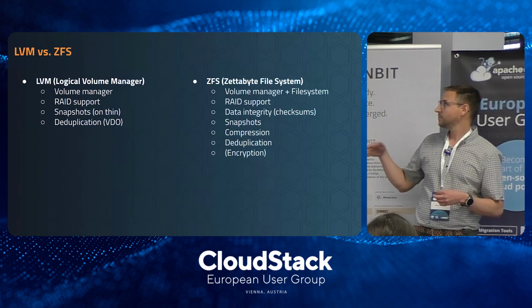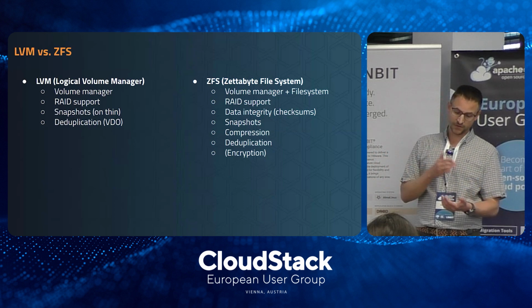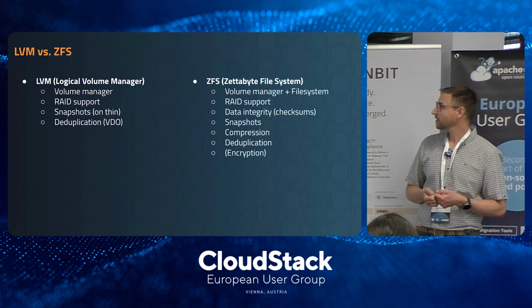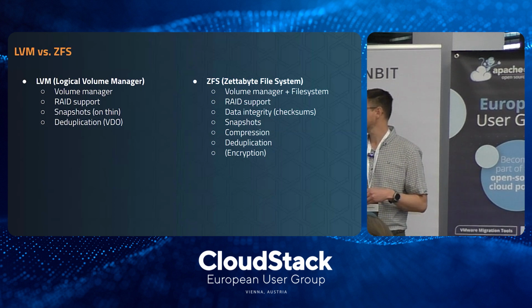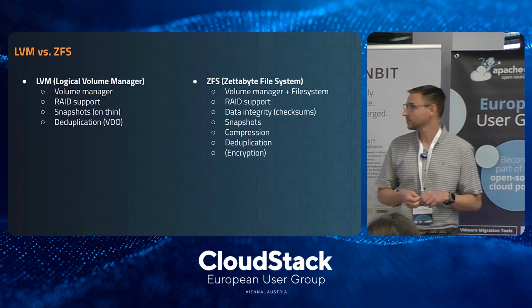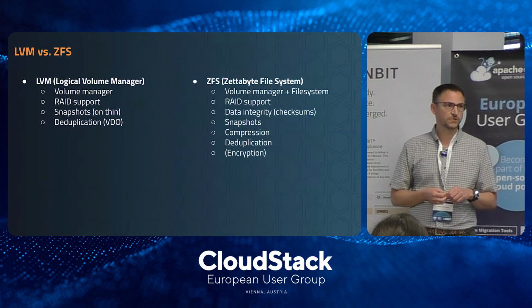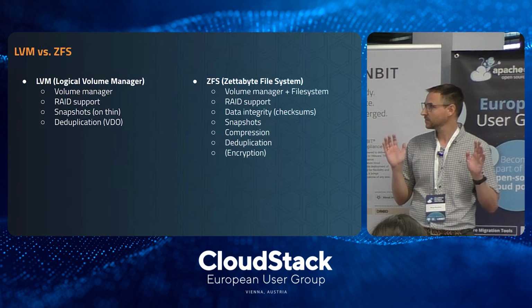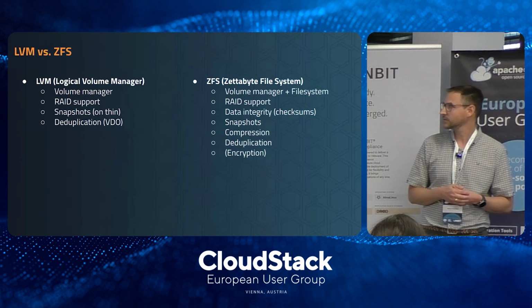It is a volume manager plus the file system, so you can have ZVOLs or datasets which act as a file system. You have RAID support. Then you have additional data integrity, like checksumming your data. So as soon as you have ECC memory, I think you are fine, or without worries about bit rot.